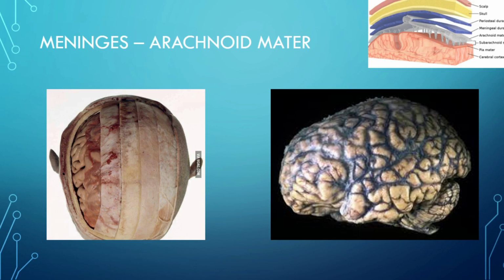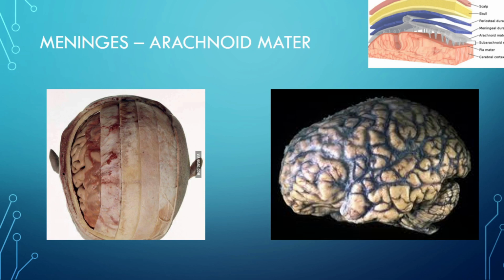So again, you might have heard of subarachnoid hemorrhages. So this would be a bleed in one of the arteries or blood vessels within the subarachnoid space, and obviously this can have catastrophic effects on brain function.